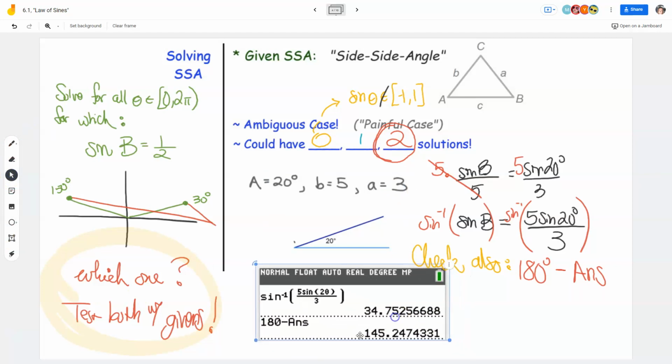P.S. The rest of us, we have both B and B prime. All that means is we have two different B's that are possible. P.S. Once you have B, what do we need to find now? We have A. We have B. What don't we have?